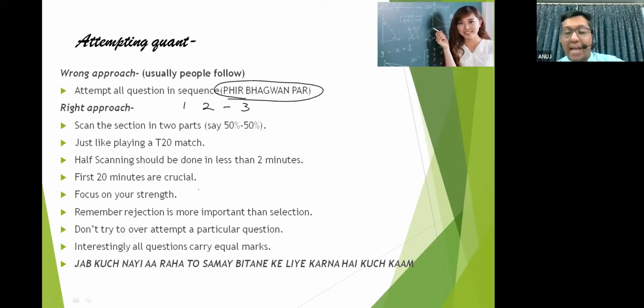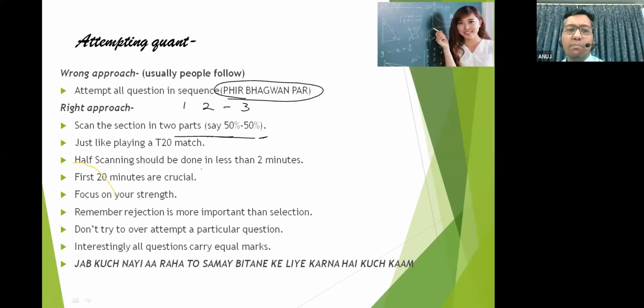The strategy has to be present. And that is what sir was trying to say, that when you are trying to attempt any AIMCAT, or even when you will be trying to attempt CAT, then you have to scan the section. And you need to scan the section in 2 different parts.